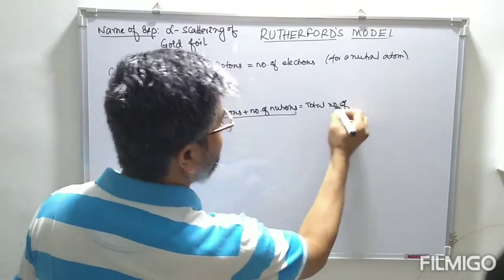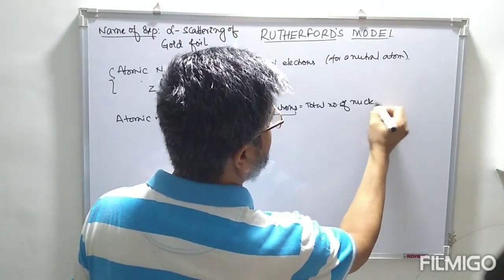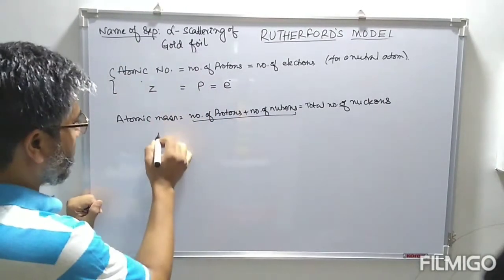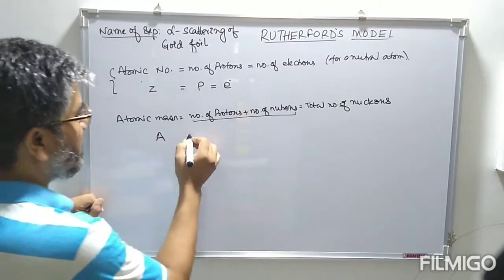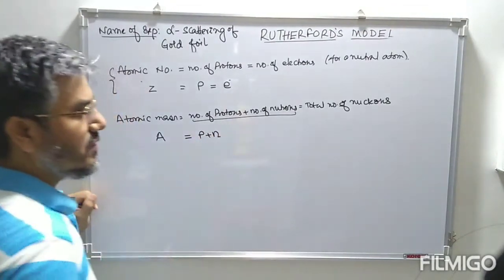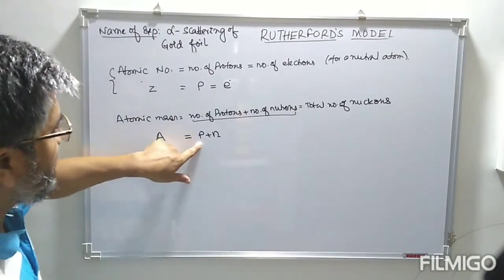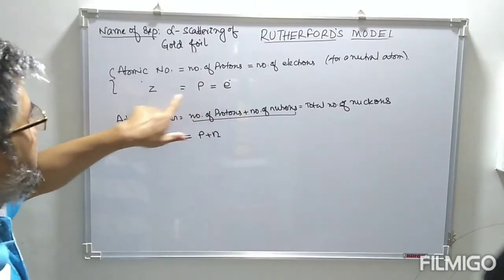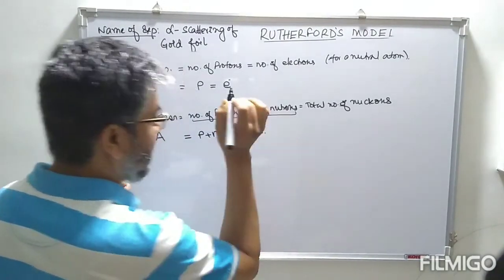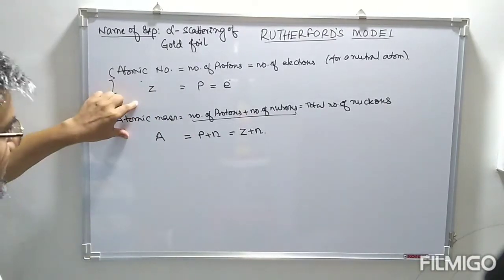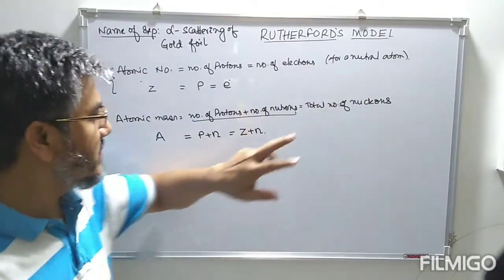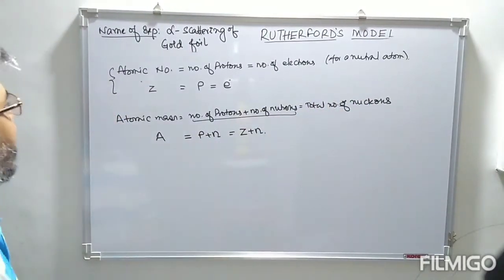Atomic mass is represented by A. So A is equal to number of protons plus number of neutrons. For a neutral atom, the number of protons is equal to electrons, which is equal to the atomic number. So we can say this is Z plus N. So atomic mass is the total number of protons and neutrons present inside the nucleus.